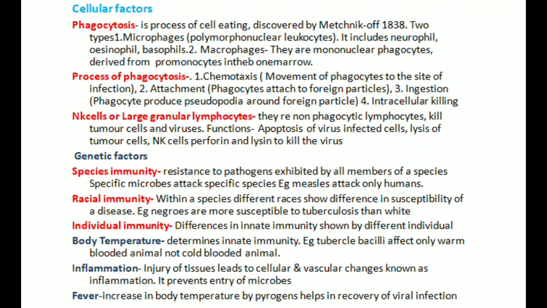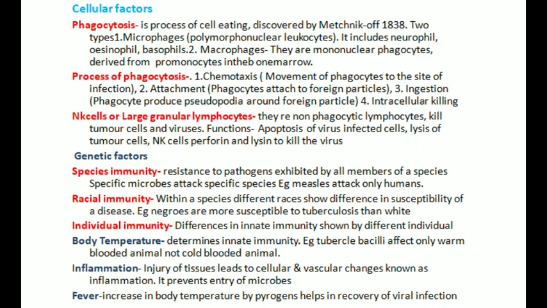Then genetic factors. There are three different types of genetic factors. They are species immunity, racial immunity, and individual immunity. Species immunity is resistance to pathogens exhibited by all members of a species. Specific microbes attack specific species. For example, measles attacks only humans.